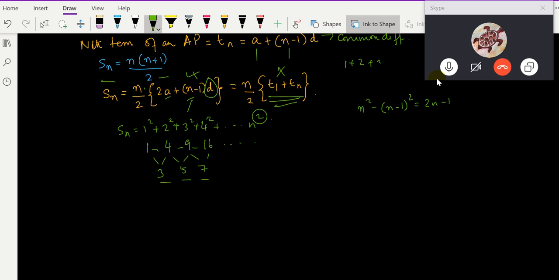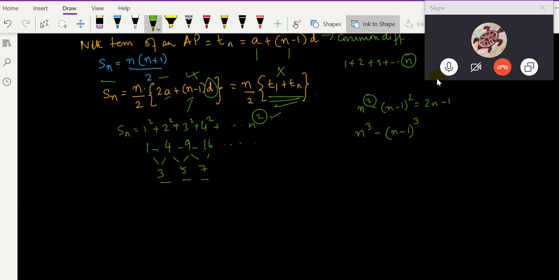When I was trying to find n, I started with n square. When I'm trying to find n square, what should I start with? n raised to the power 4? No, n to the power 3, just one power higher. So I will do the same thing: n cube minus (n minus 1) whole cube.